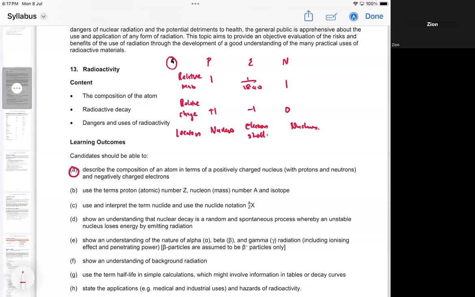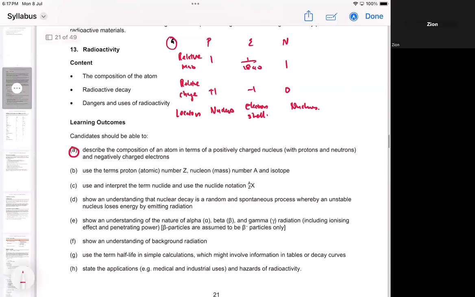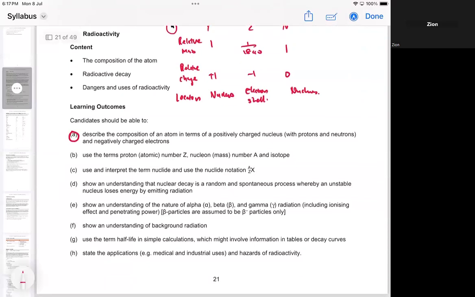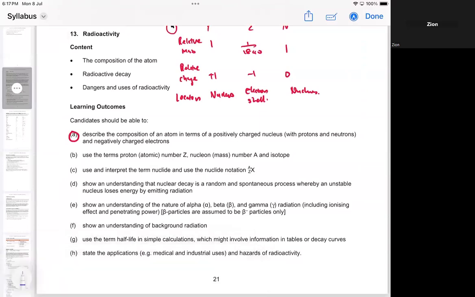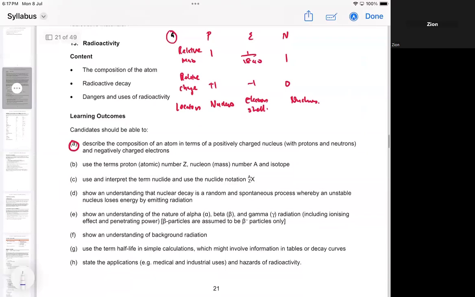It's purely chemistry. So if you look at point B, using the terms proton number and isotopes. For example, we know the proton number is basically the number of protons in an atom.